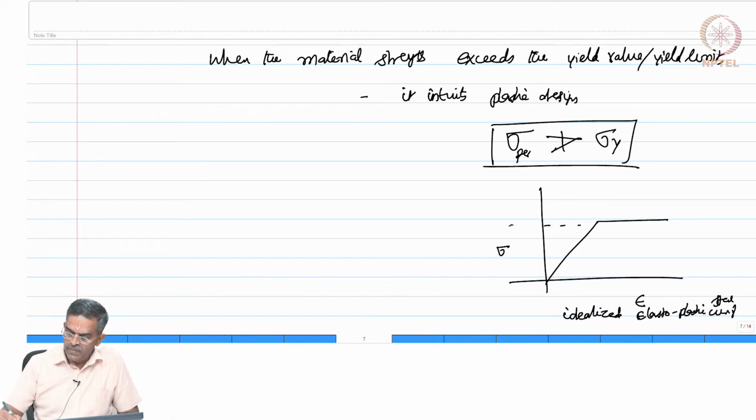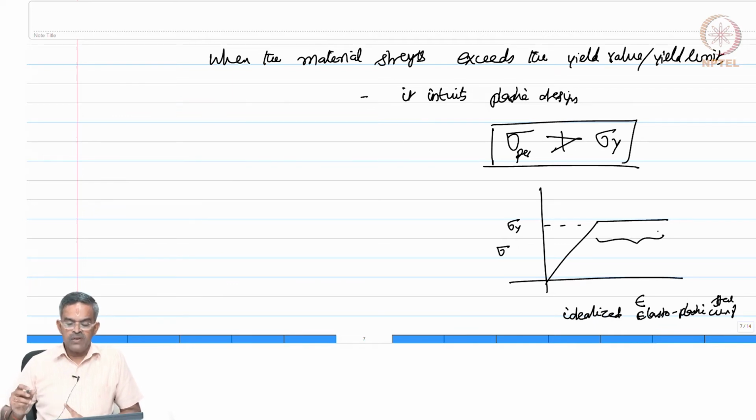Beyond yield, we allow large inelastic displacement. So, friends, please note a very careful derived demerit of form dominant design.